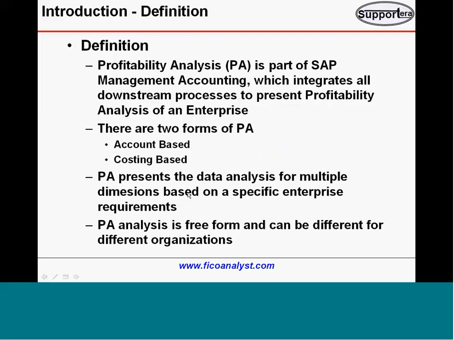When I say every enterprise is different, for example, if you go to State Bank of India, their requirements may be different. If you go to Tata Motors or Reliance, their requirements may be different. Also in multinationals like Microsoft or Apple, every enterprise has its own requirements because the nature of the business is different.